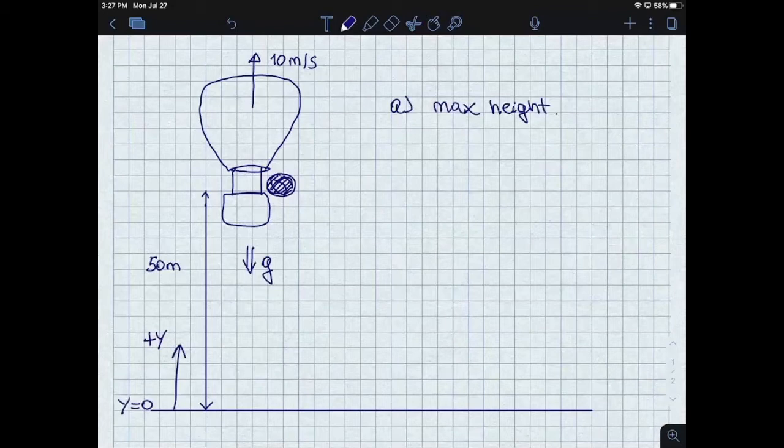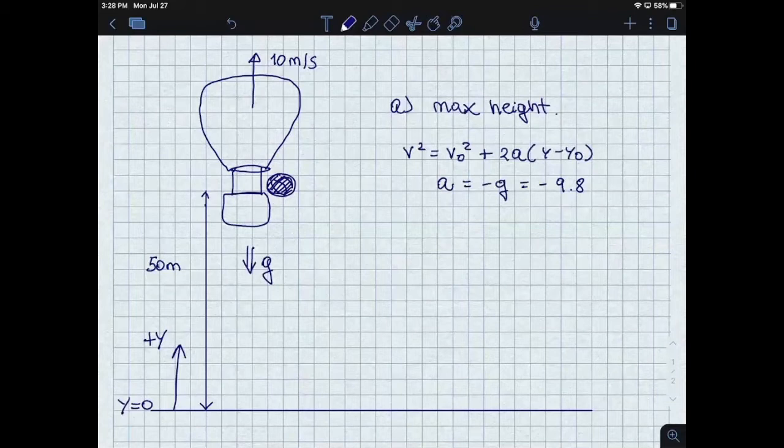To solve this problem, we're going to use one of the kinematic equations. a in this case is equal to negative g, where g is the gravity, which is 9.8.